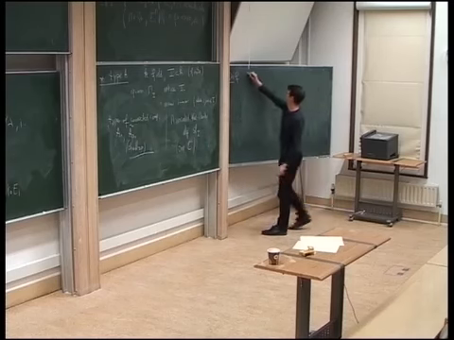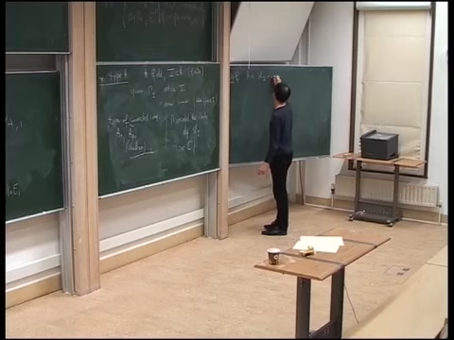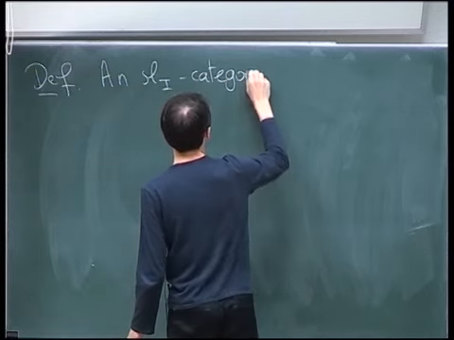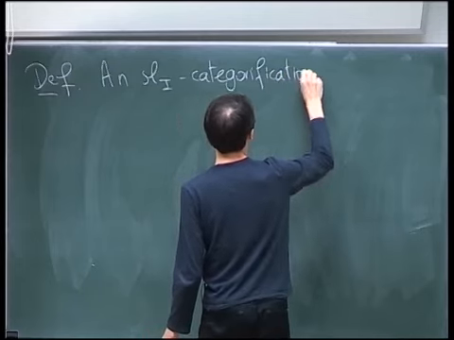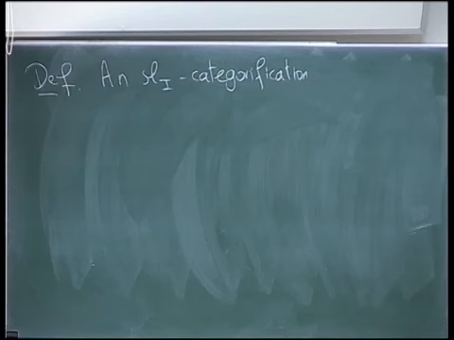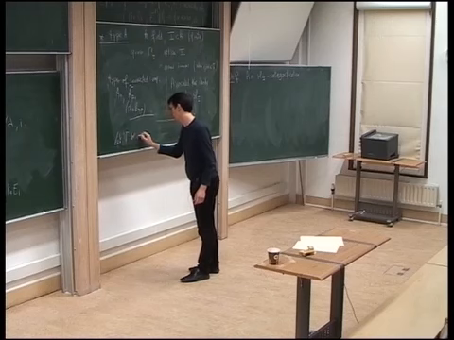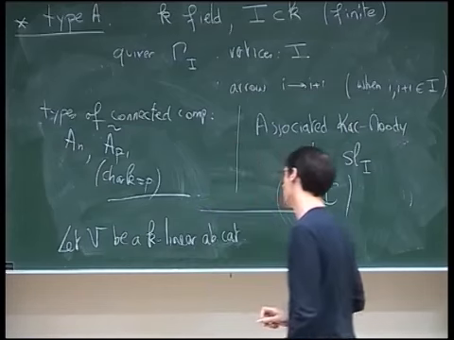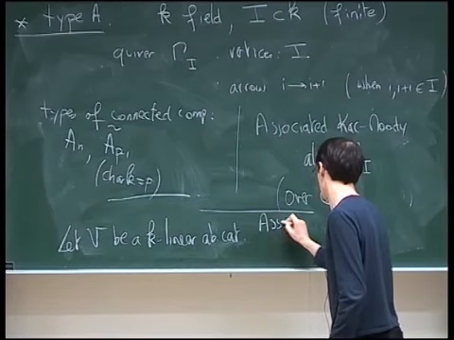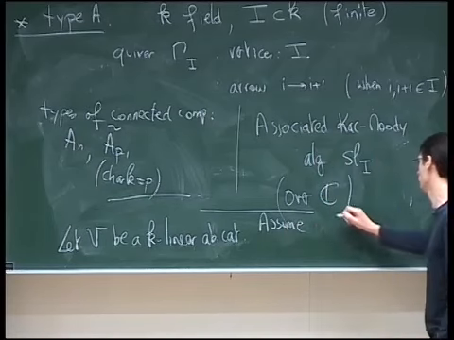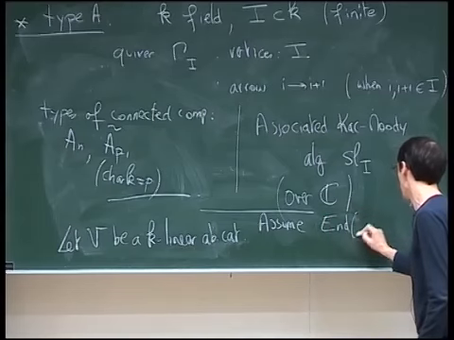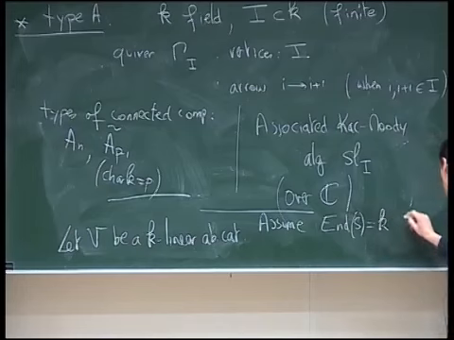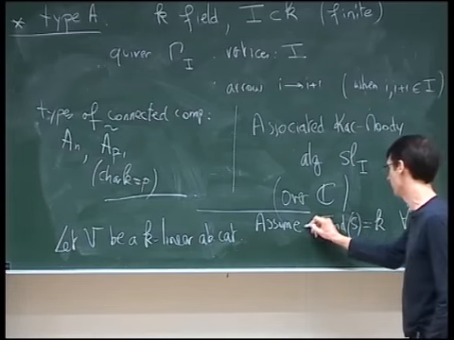Okay, so definition, an SL I categorification. Maybe a last piece of data is that I will choose, let V be a K-linear abelian category, such that I want something with a good finiteness condition, so I will assume that endomorphisms of simple objects are just one-dimensional, and that every object has a finite composition series.